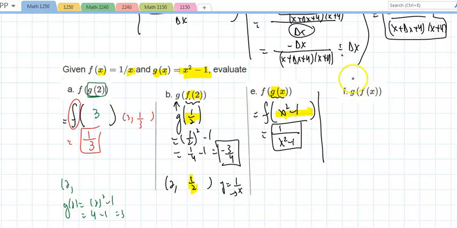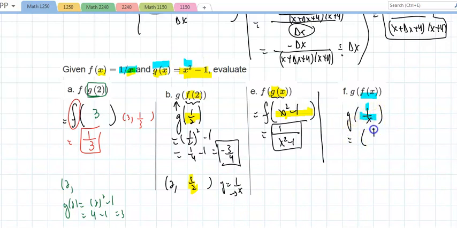And what if I go the other way around? What if I went from the inside of the parentheses out? Now I'm looking at, what does f of x equal? Well, that is y equals 1 over x. And do you know what this is saying now? This is saying, go to the g, there's g. And replace x, that x, by 1 over x.